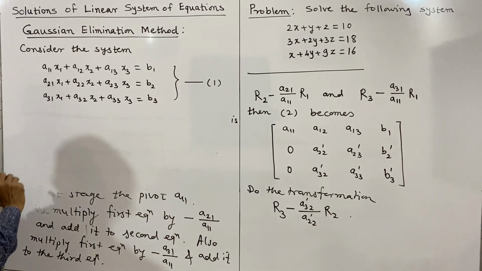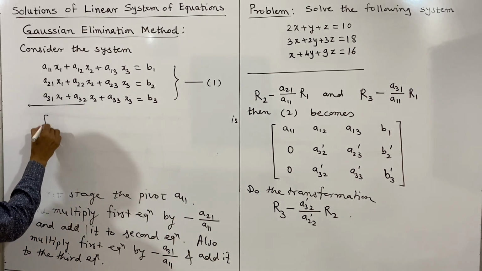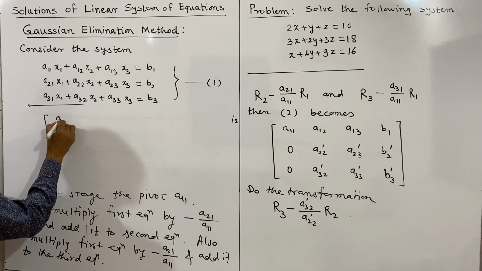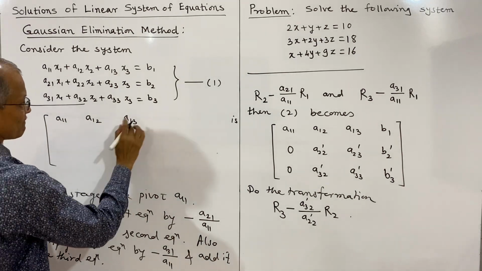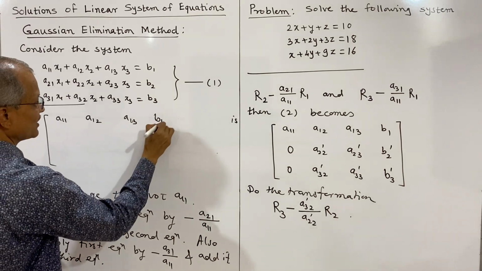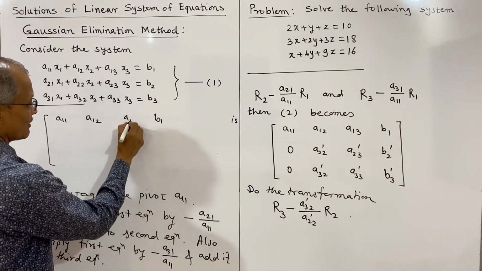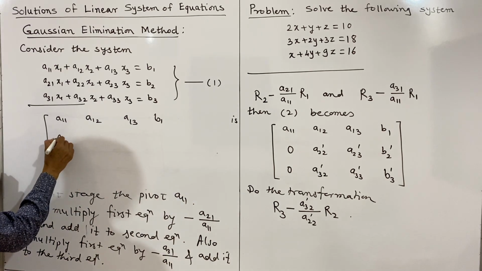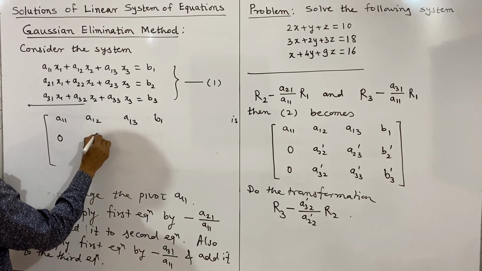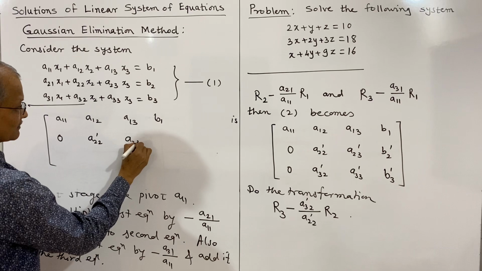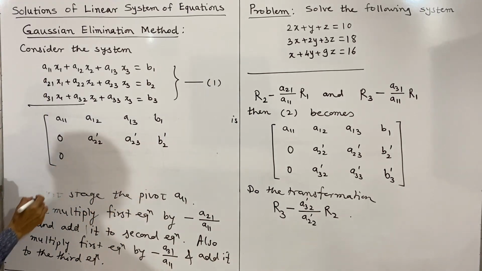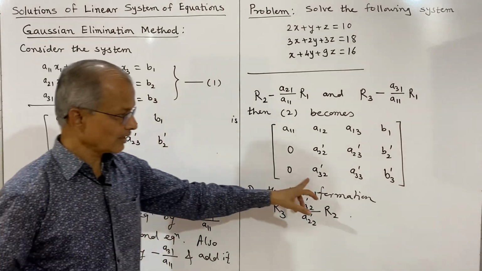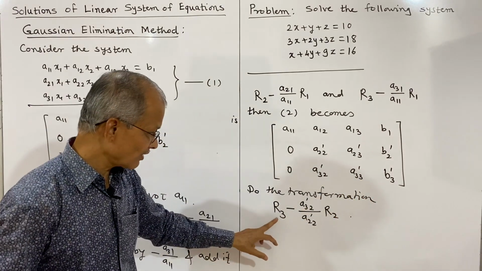the matrix will be converted to this one. No change again in the first row, and this is B1. Second row also there is no change. And in the third row there will be a change because we are changing the third row.